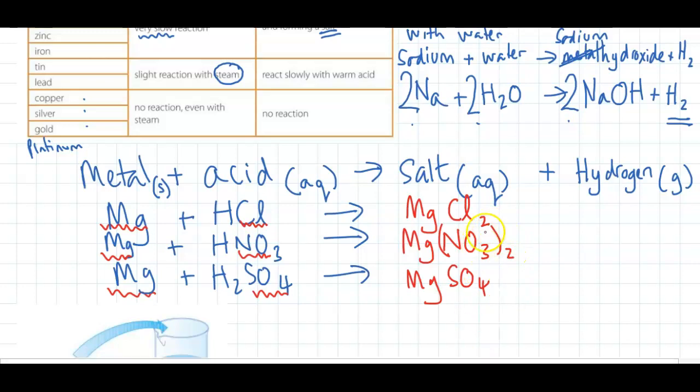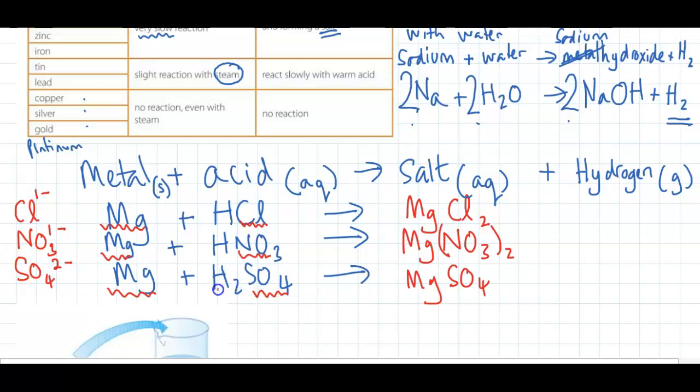Now both of these formulas have got 2 of this bit tagged on because the chloride ion is 1-. The nitrate ion is 1-, but the sulfate ion is 2-.